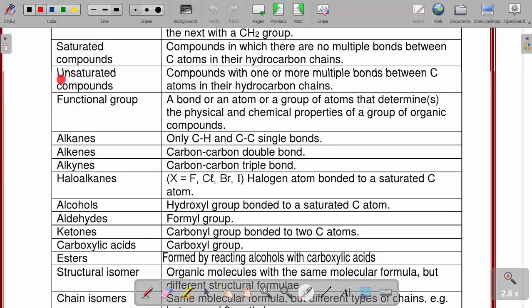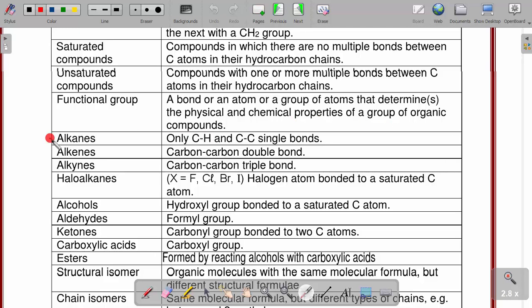And then unsaturated compounds, these are compounds with one or more multiple bonds between carbon atoms in their hydrocarbon chains. And then another definition is to do with the functional group, as you're gonna see. That is a bond or an atom or a group of atoms that determines the physical and the chemical properties of a group of organic compounds.